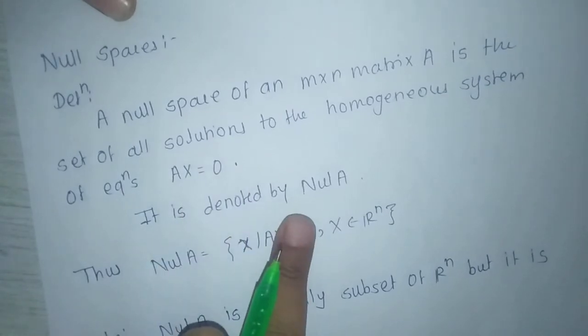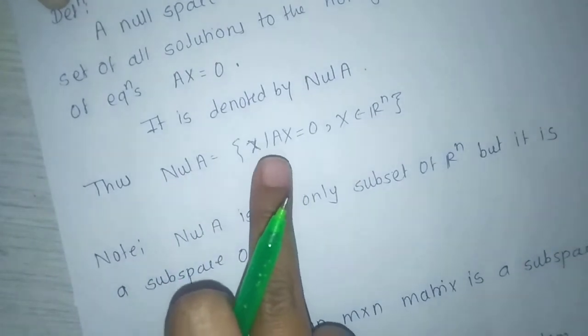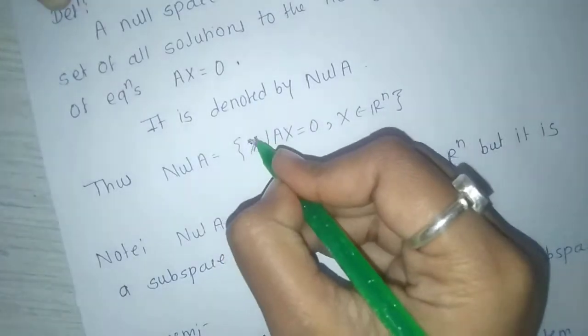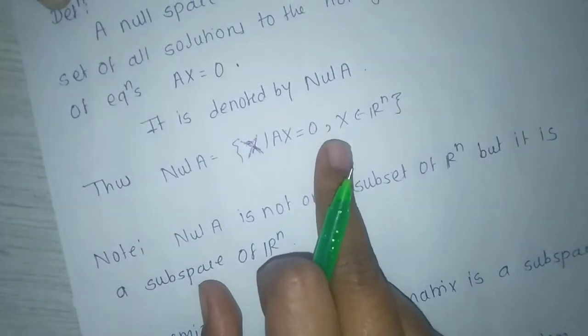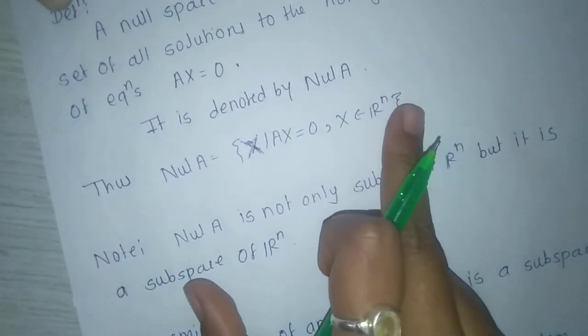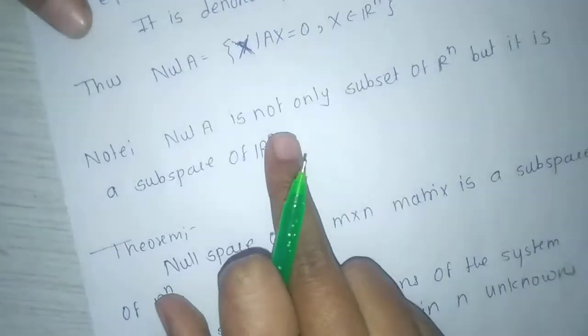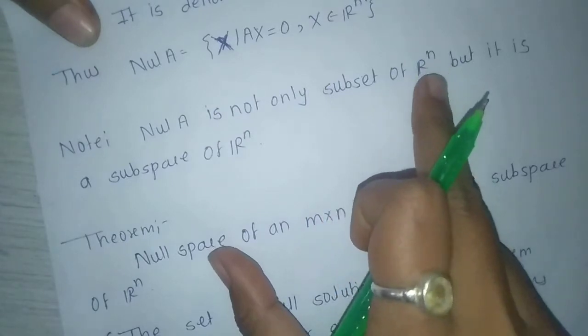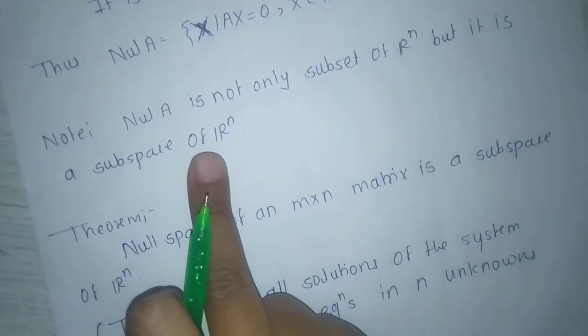It is denoted by null A. Thus, null A is the set of x such that A x equals 0, x belongs to Rn. Note, the null space of A is not only a subset of Rn, but it is a subspace of Rn.